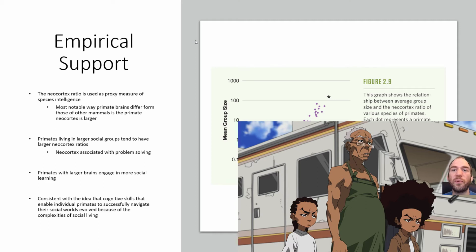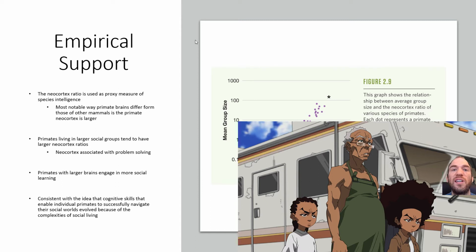Early primates under threat. Groups are formed, and in response to those groups being formed, neurological changes develop. Specifically looking at primates, and then going on to Homo sapiens, humans, the size of the neocortex is larger in primates and humans than in other types of mammals.